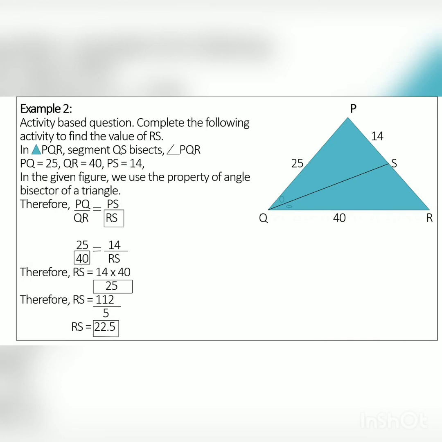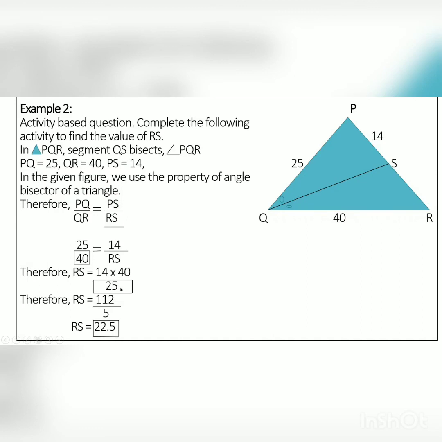This is 40. I have already put it, is equal to value of PS 14 upon RS. After cross multiplication, therefore RS is equal to 14 into 40 upon again an empty bracket.